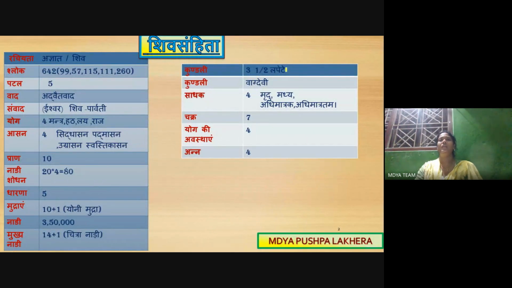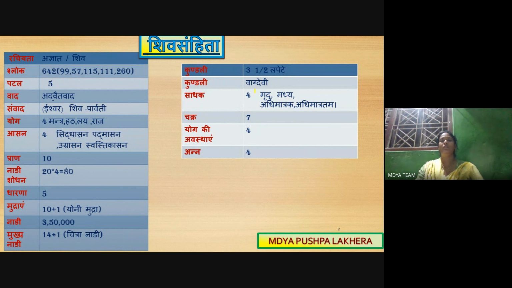Okay, the 3.5 wrapped Kundalini will be in the dormant state. So here you need to remember this most importantly, 3.5. Wrapped means the curve. How much curve is there? In the different texts it is stated 8, but here it is mentioned 3.5.